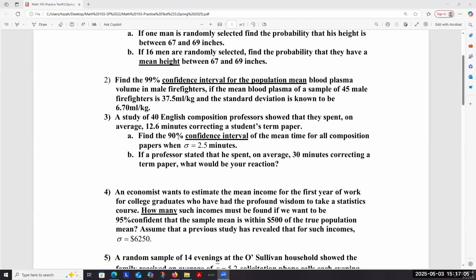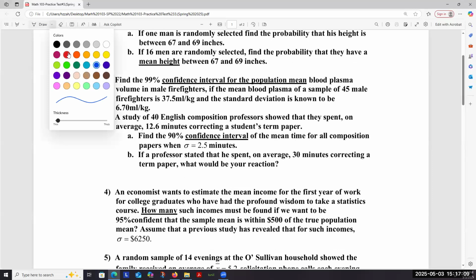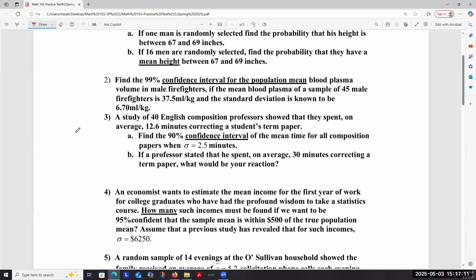It's number 3. In number 3, the situation that we have is what? We study 40 English composition professors. Okay, so they are teaching English, and the sample size is 40.